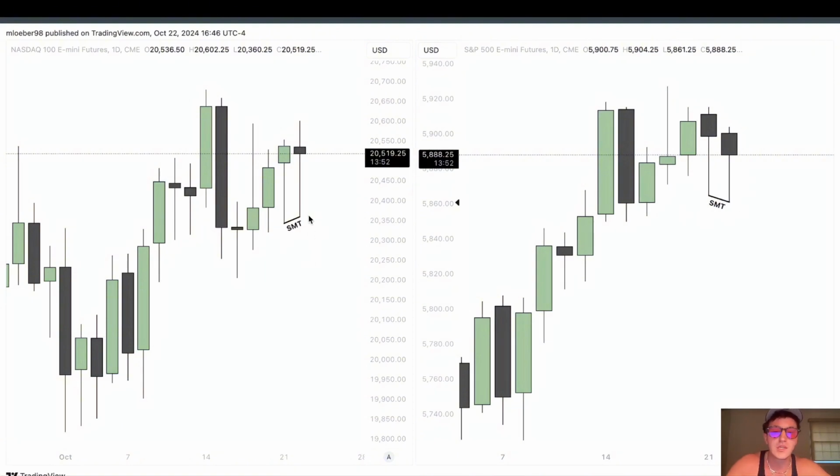So immediately, even though we didn't have an internal range liquidity pool on the daily chart, we were still able to utilize this daily SMT and a run of a previous daily low as some sort of identification or direction as to where the market wanted to go next.